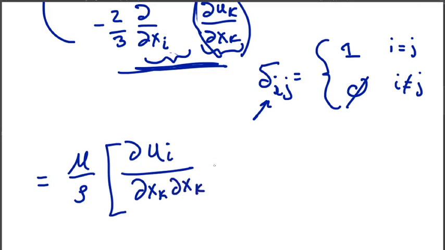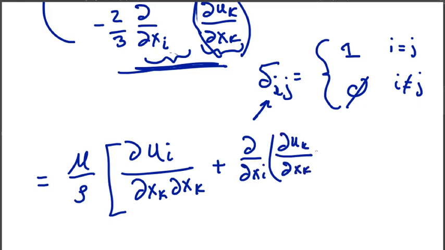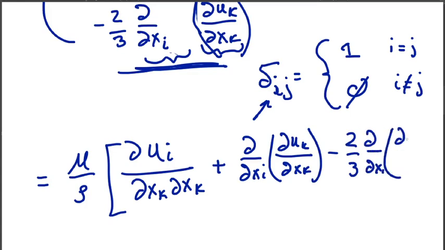We now have plus d by dxi on duk dxk. And then we have minus 2/3 on d by dxi on the same thing, duk dxk.